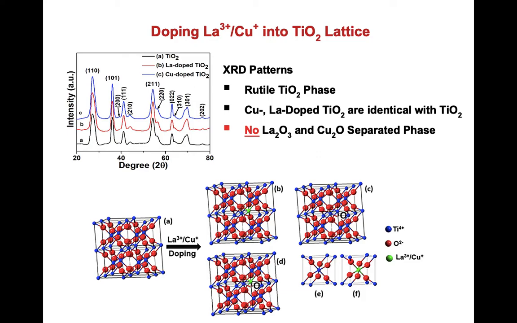There is no evidence for separate phases of lanthanum oxide or copper oxide in XRD, which suggests that lanthanum ion and copper ion diffuse into the titanium dioxide matrix as well as small clusters.